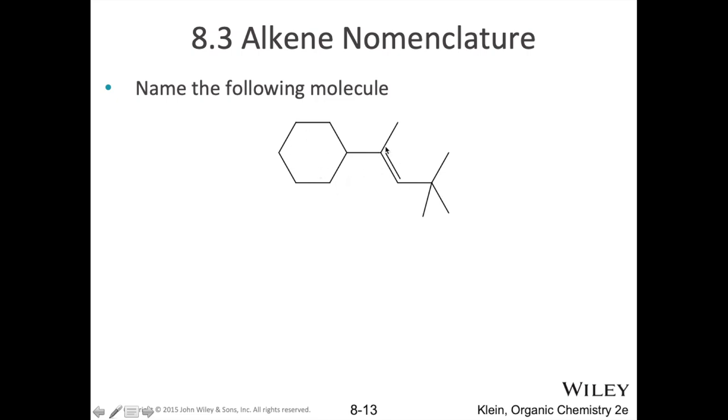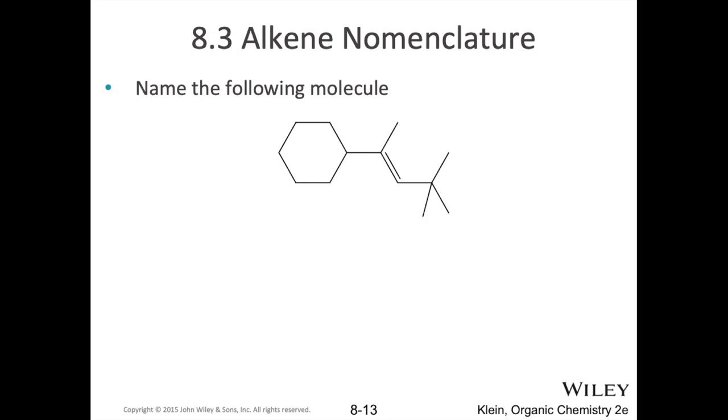However, now that we're looking at double bonds, we've got to look at the longest carbon chain containing that double bond. But again, remember, a cyclic compound or a cyclic substituent can't be considered part of a carbon chain. You've got to look at this cyclohexyl group as a substituent.